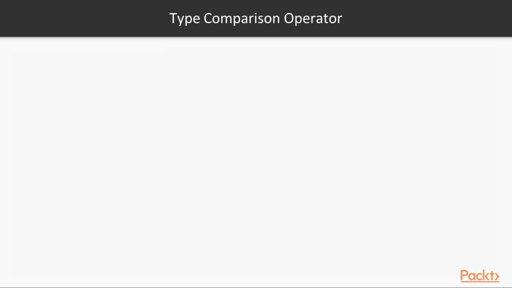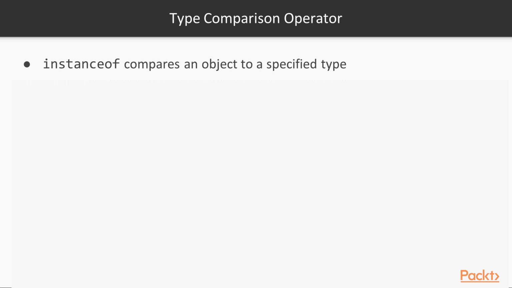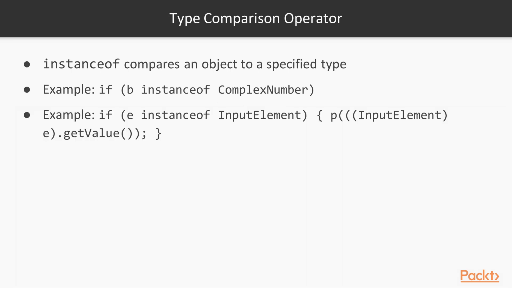Type comparison operator. This is more specific for Java. It helps us check whether an object is of a specified type. We can use it to check if B is instance of complex number to see if it's of that type. And it also abides by the rules of inheritance.